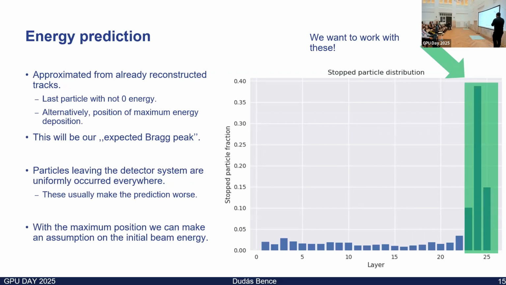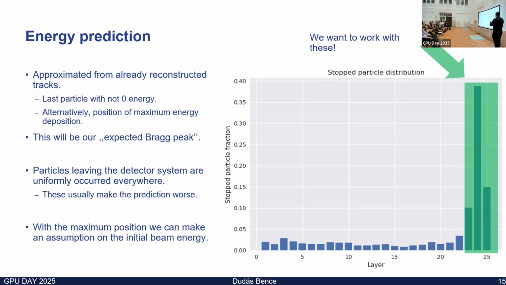And we don't want them to be included in the energy reconstruction, because if a particle leaves the detector system, we cannot really calculate what their original energy was. So we only want to focus on the data which is meaningful for us.